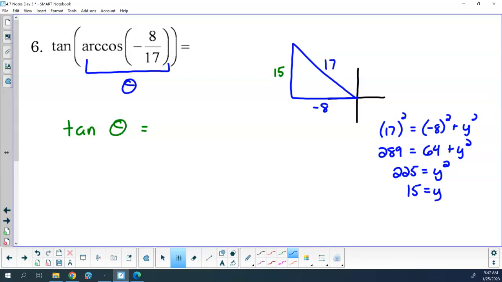Okay. So then the tangent of that, so this is my theta here. The tangent of that angle is going to be the opposite over the adjacent again. So that would be 15 over -8.